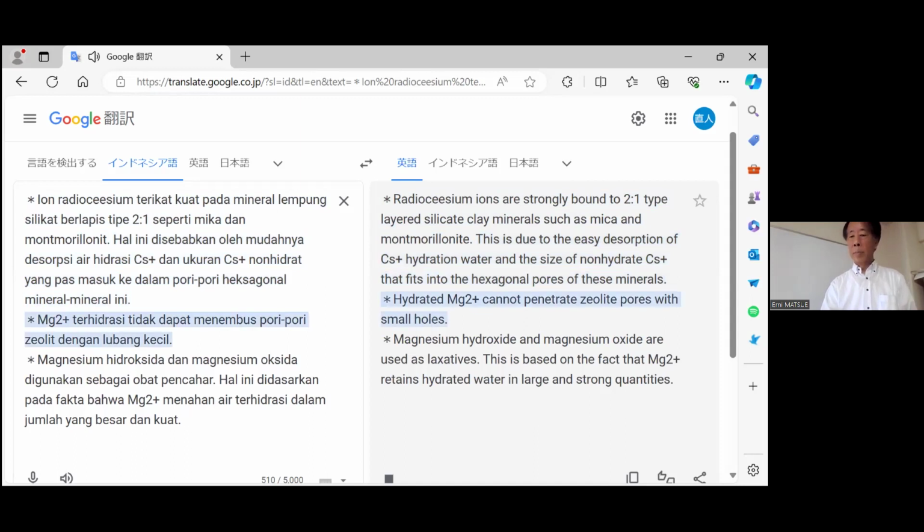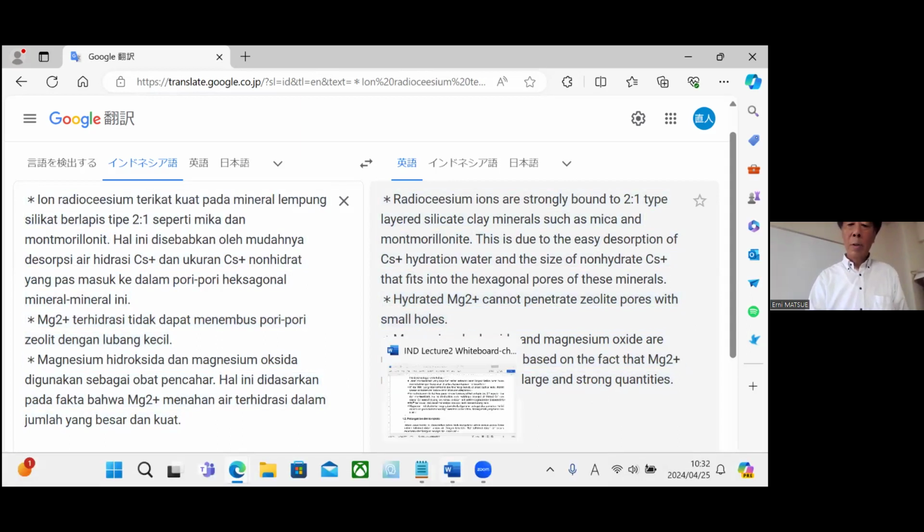Hydrated Mg2+ cannot penetrate zeolite pores with small holes. Magnesium hydroxide and magnesium oxide are used as laxatives. This is based on the fact that Mg2+ retains hydration water in large and strong quantities. Okay, this is related knowledge.